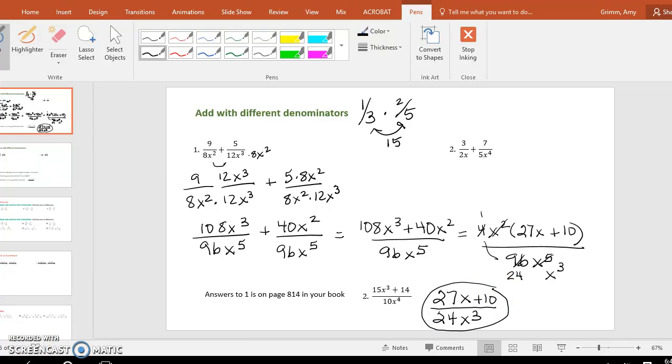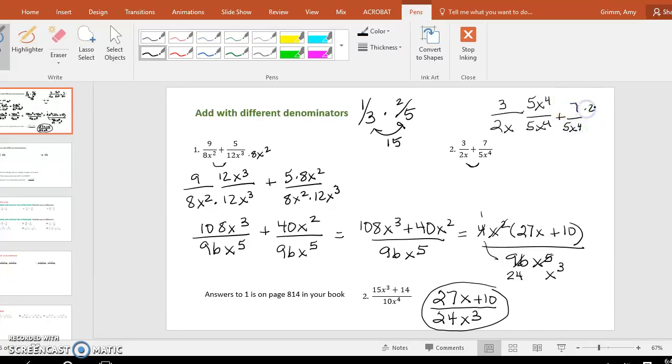So let's go back up there to number 2, and we're going to do basically the same thing again. So my common denominator would be if I just go ahead and multiply those two together. I'm going to run out of room on my page here. So I have 3 over 2x, and I need to multiply both of those by 5x to the fourth, plus I have 7 over 5x to the fourth.